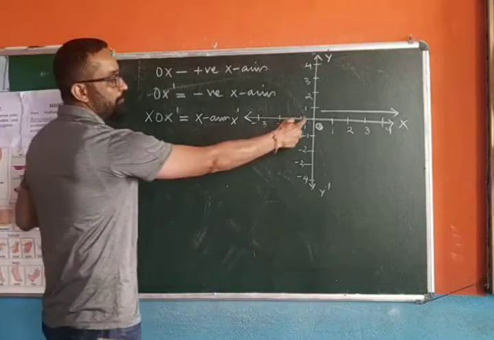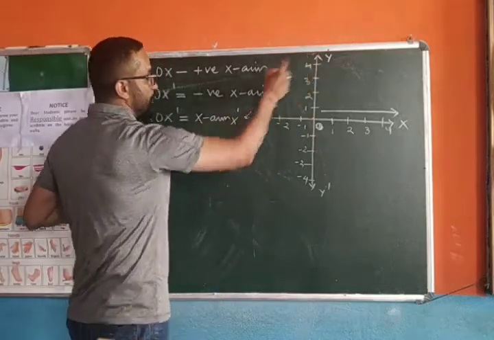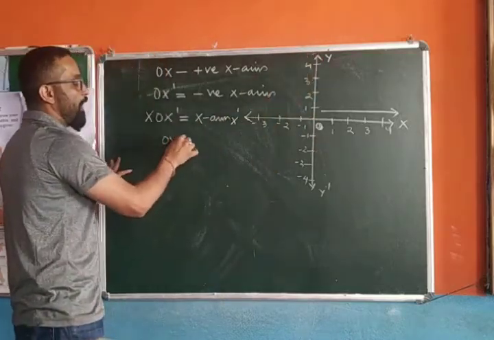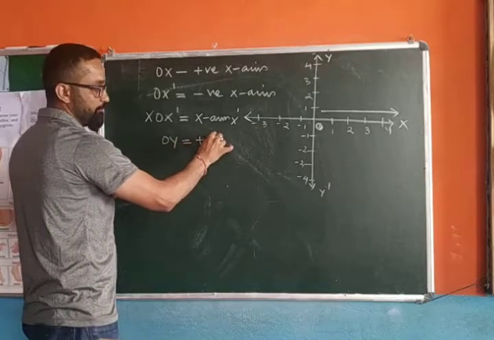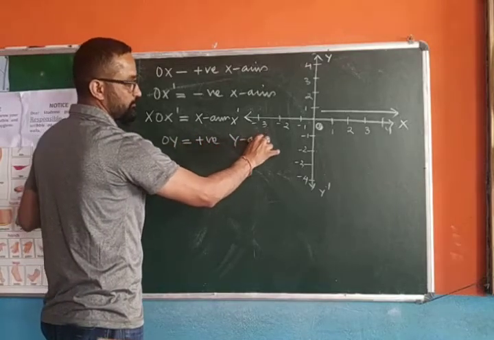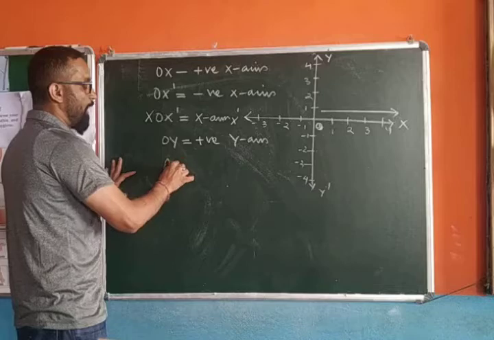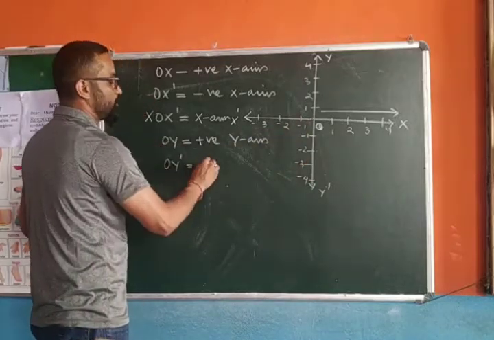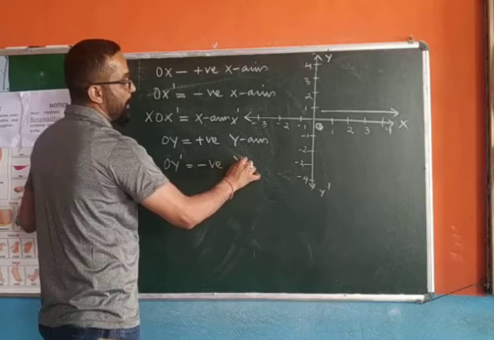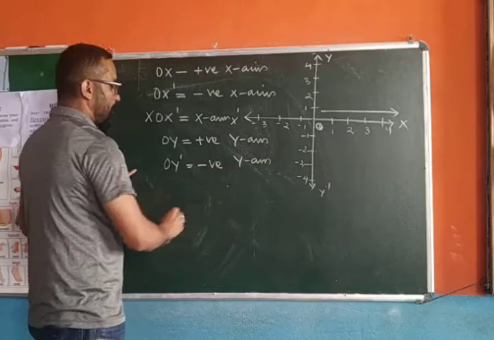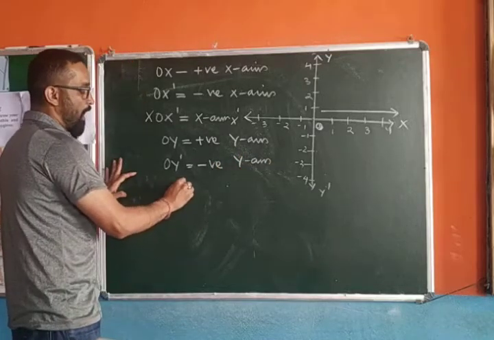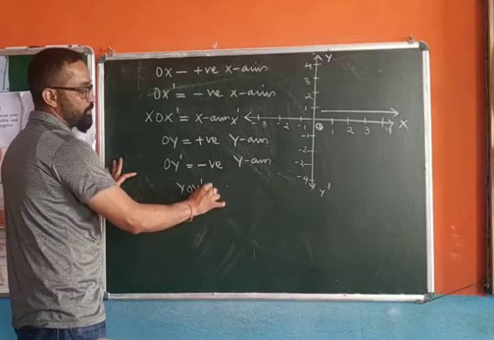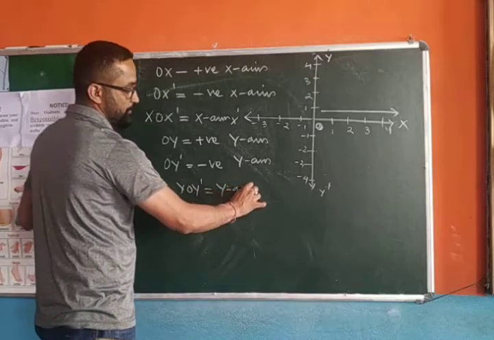Similarly, above the origin on the vertical line, OY is called the positive y-axis. OY dash, below the origin on the vertical line, is called the negative y-axis. Together, Y'OY is called the y-axis.